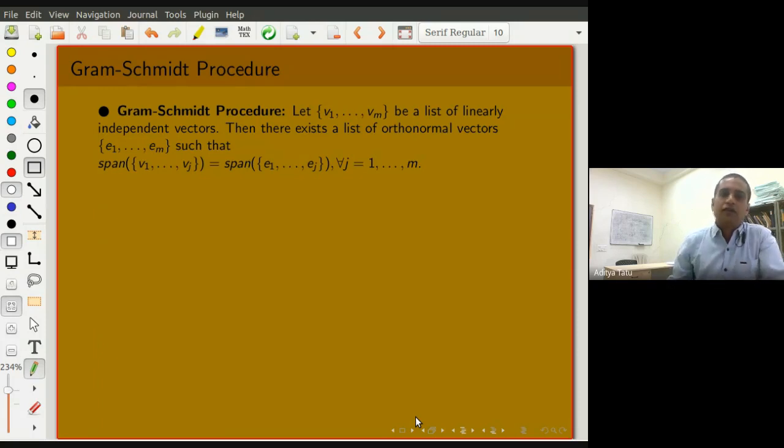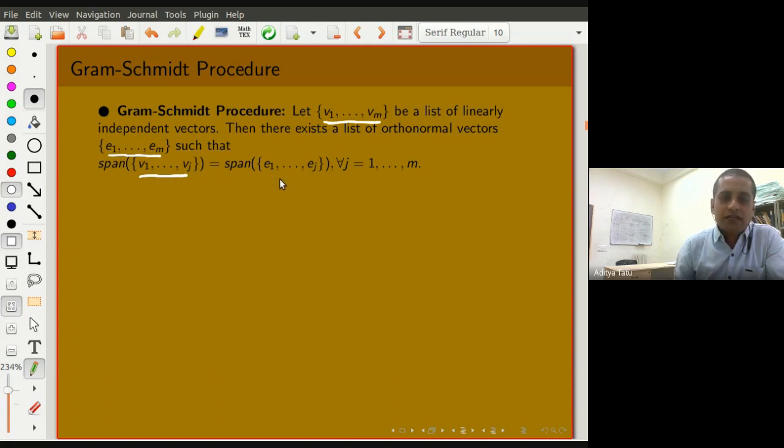A specific way in which it does this: it ensures that, let's pick any V1 to Vm, an indexed or ordered set. Assume that, so this index is important. I'm going to convert these m linearly independent vectors into m orthonormal vectors such that if I pick the first j vectors from the set of linearly independent vectors, then the span of this is going to be a j-dimensional subspace.